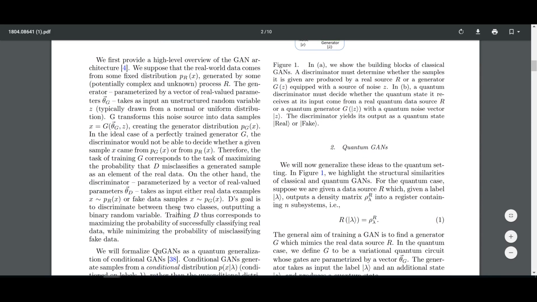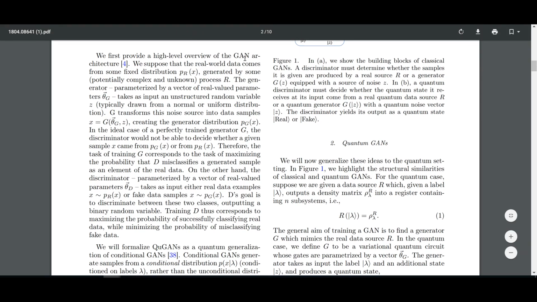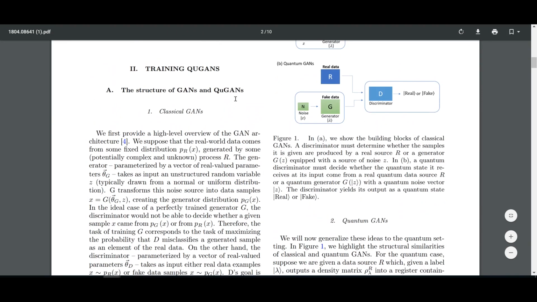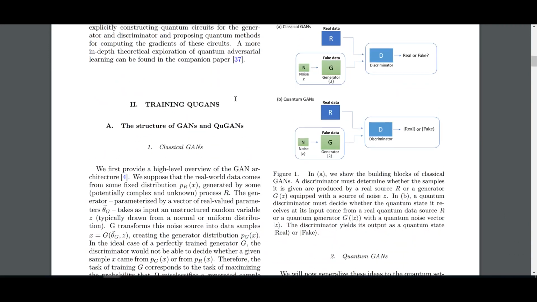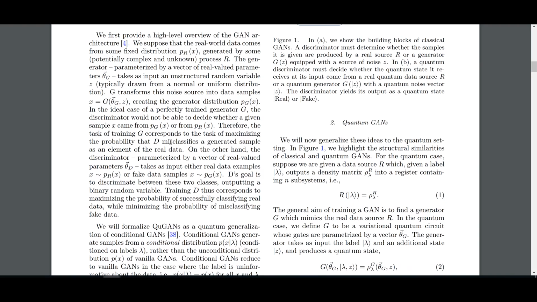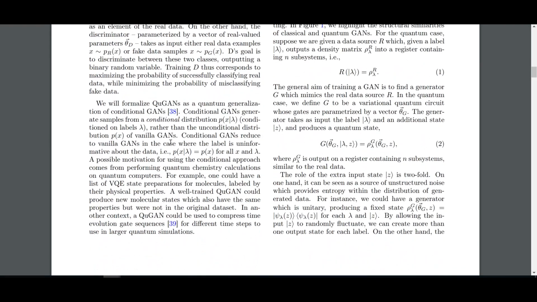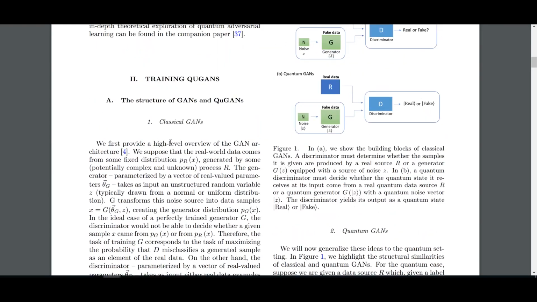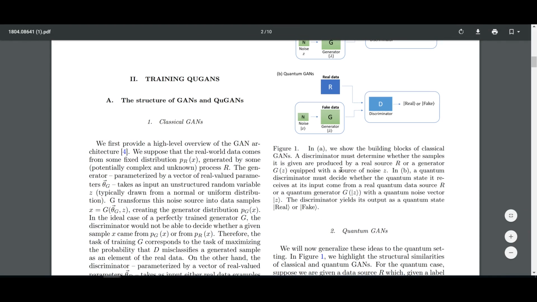So first, probably a high-level overview of the GAN architecture and figure 1 in the paper. Suppose the raw data comes from a distribution generated by some potential process. We'll normalize. Okay. Figure 1.